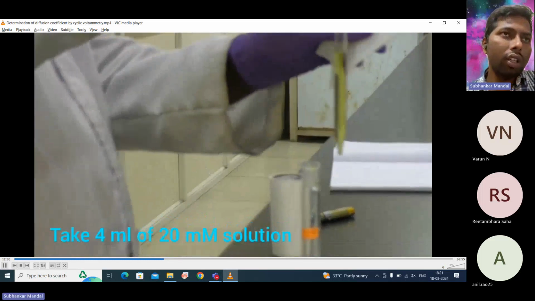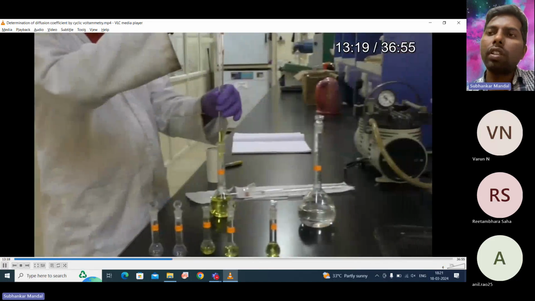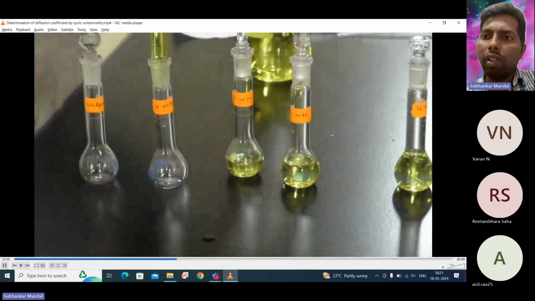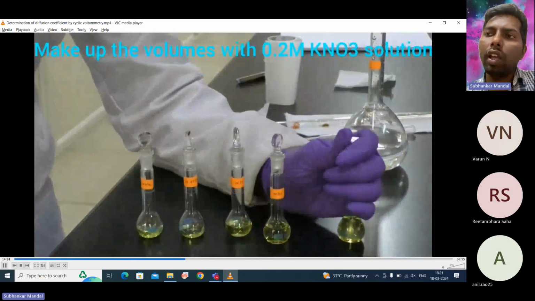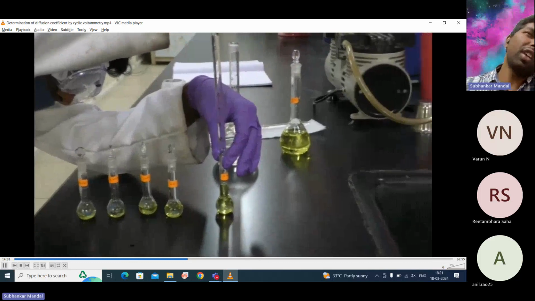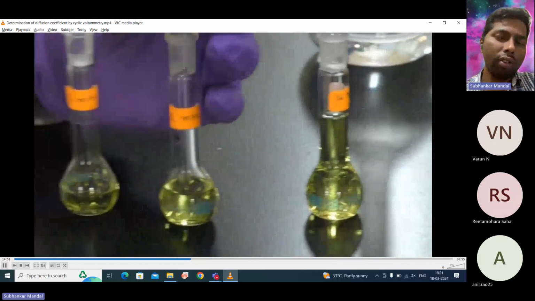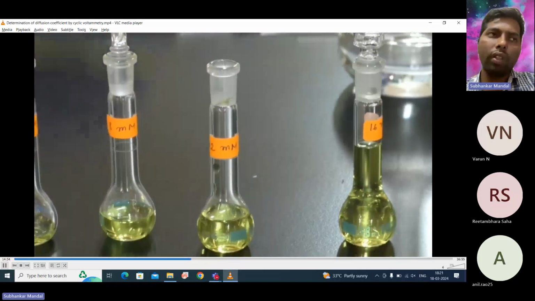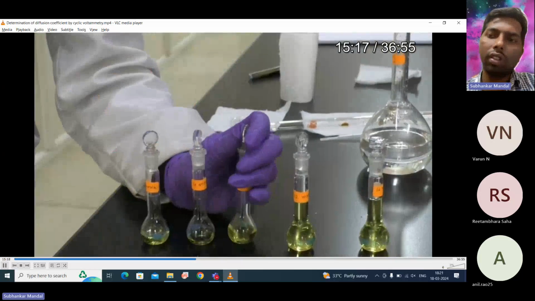So I think this part we can skip a little bit. Basically, these are different concentrations of the solution we are making, so that we can take concentration-dependent cyclic voltammograms. From there we can get different types of information, like the rate constant for the redox process, then the diffusion coefficient, all this information you can get.